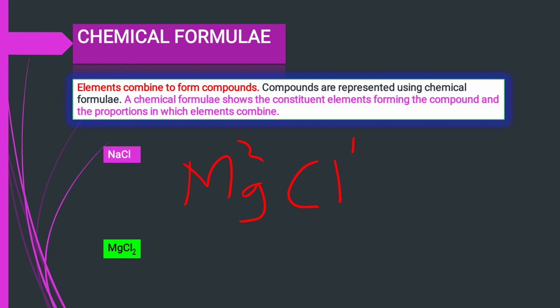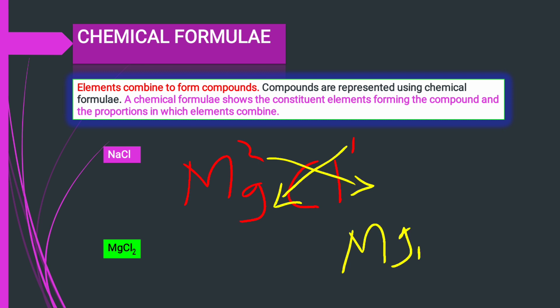The same way we just did to the valencies of sodium and chlorine, we interchange these valencies like this, so that now we have magnesium, and then this one we now write it here, followed by chlorine, and then this 2 we take it down here.